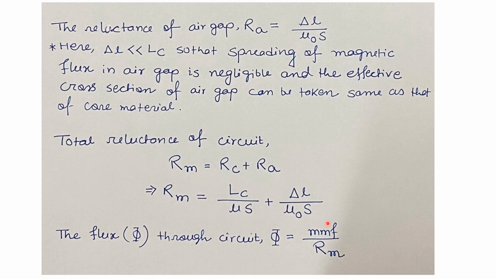Now we know the flux through the circuit, phi, is defined as mmf, that is magnetomotive force, divided by Rm, the total reluctance of the magnetic circuit.